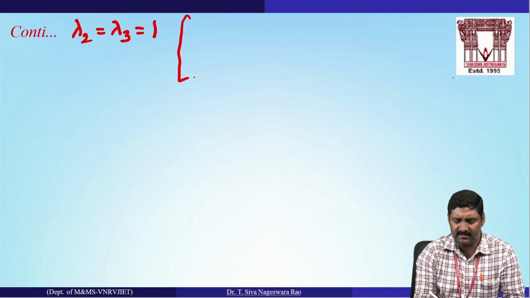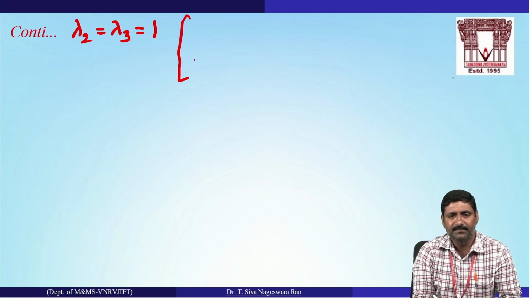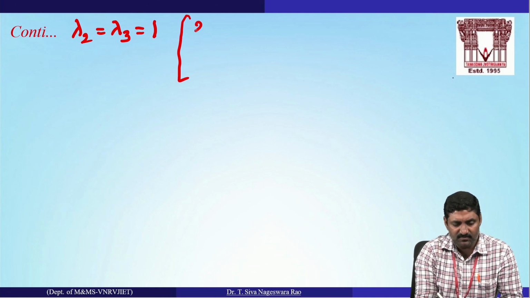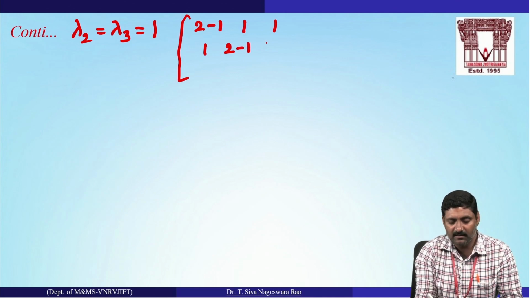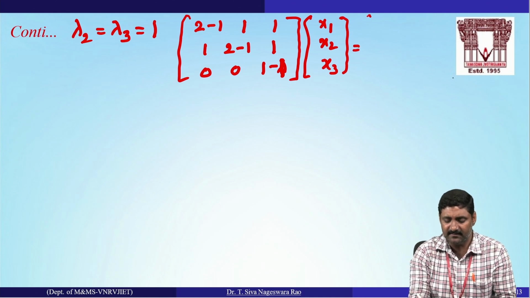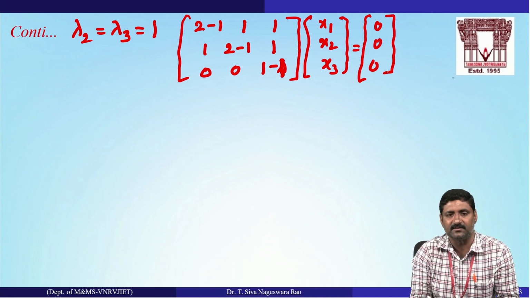Now directly I will write the matrix A minus lambda 3 I multiplied with x3 is equal to the column vector 0, 0, 0. That is 2 minus 1, 1, 1; 1, 2 minus 1, 1; 0, 0, 1 minus 1, where lambda 3 is 1, multiplied by the column vector x1, x2, x3. On the right hand side the column vector 0, 0, 0.